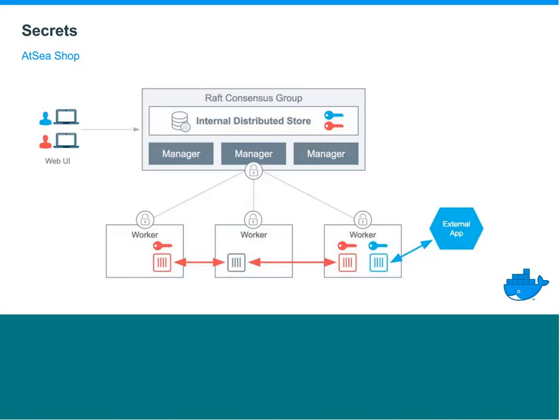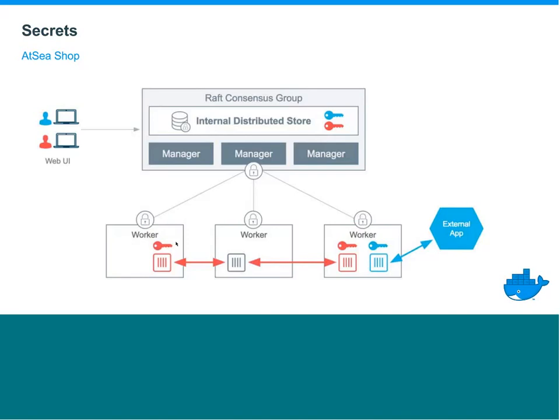When you add the secret to a swarm, Docker sends the secret over to the swarm manager through TLS connections, and it also has a built-in certificate authority that gets created when you start up a new swarm.